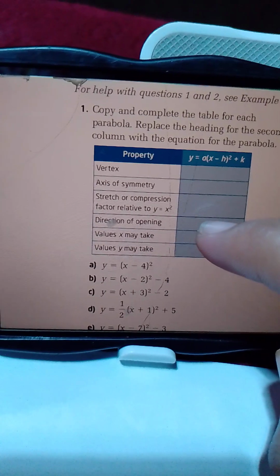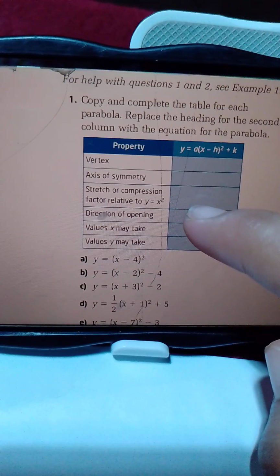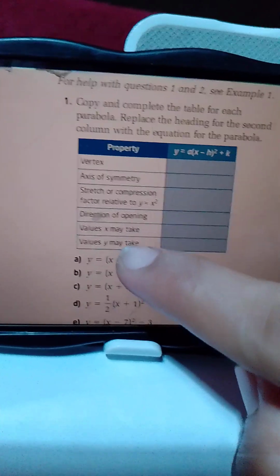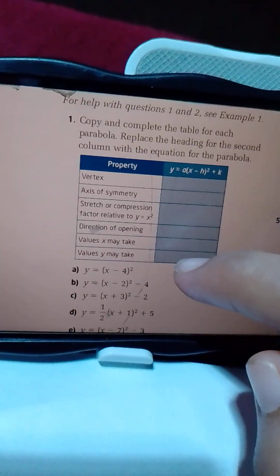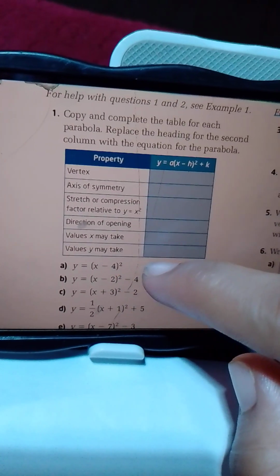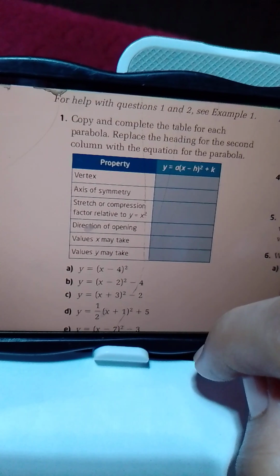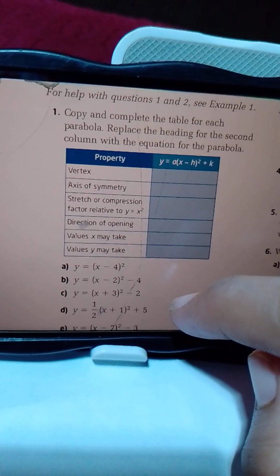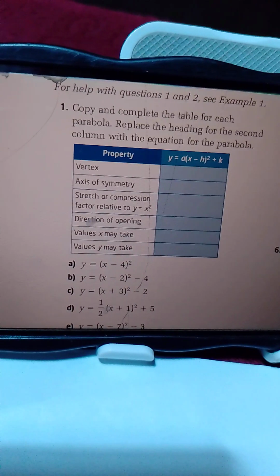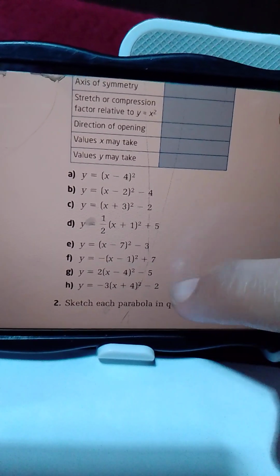The minimum point is (4, 0). The values of x are the set of real numbers, and y is greater than or equal to 0, and so on. It's just easy.